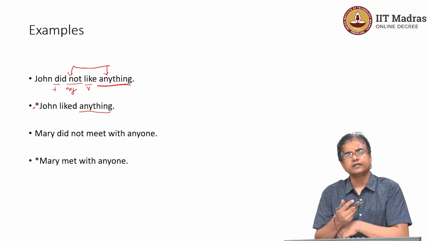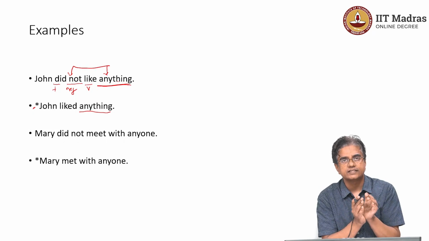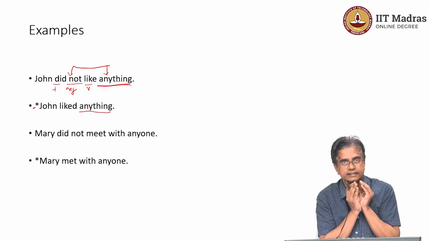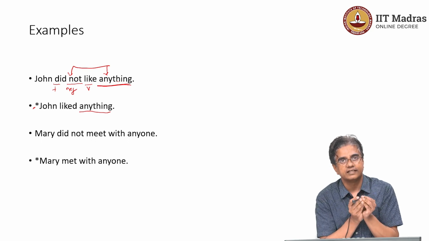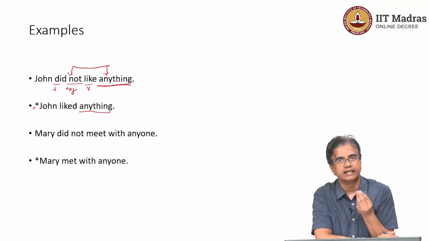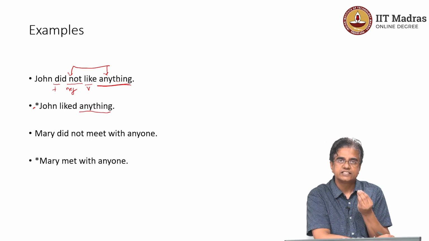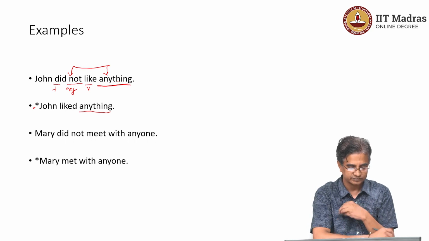So with anything, you know the meaning of this sentence. But all I am adding to this nuanced structural description is that anything is a negative sensitive element in the English language because it can only occur with negation in a negative sentence in English.